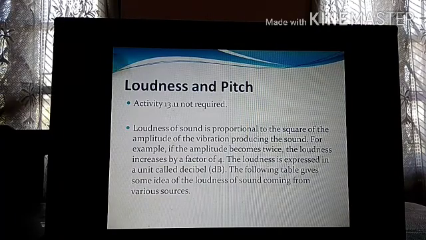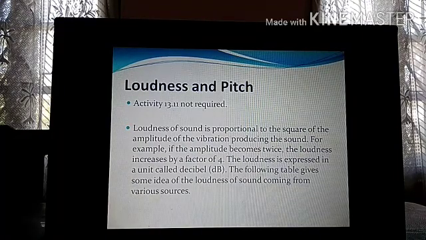For example, if amplitude becomes twice, loudness is increased by a factor of 4, because loudness is the square of the amplitude. That means if amplitude is 2, loudness will be 2 squared, which is 4. So loudness is the square of amplitude.